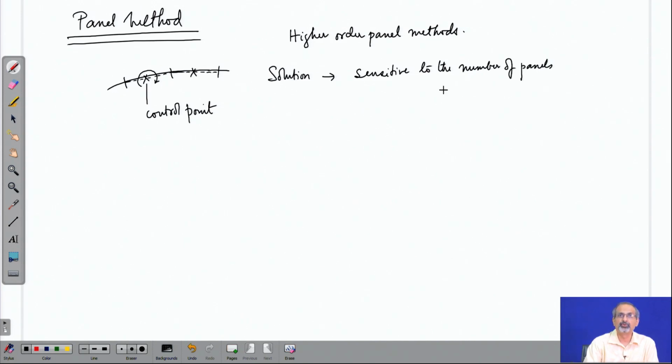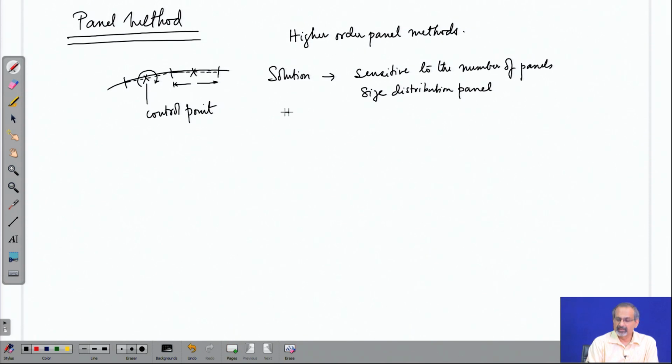If you use too few a number of panels, then the solution could be quite erroneous, and it also depends on the size distribution of the panels. If there are certain panels which are extremely large, that means very large lengths of the panels are involved, then usually the accuracy will degrade quite a bit.